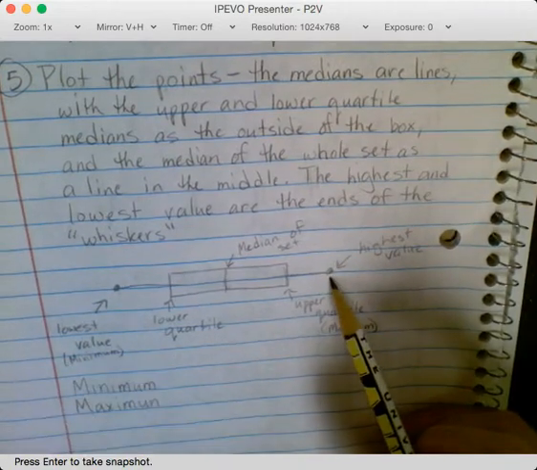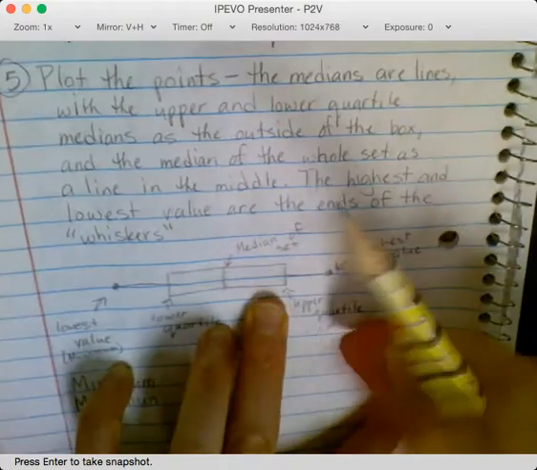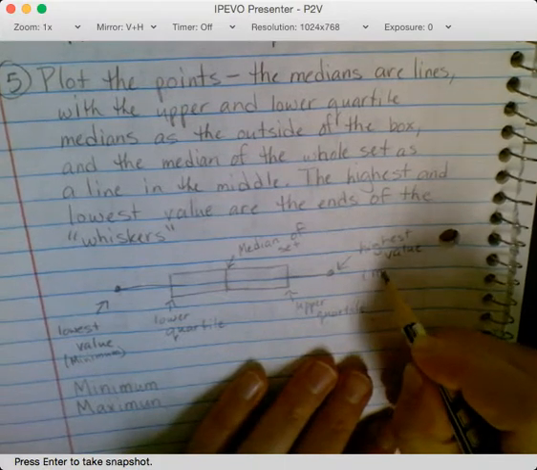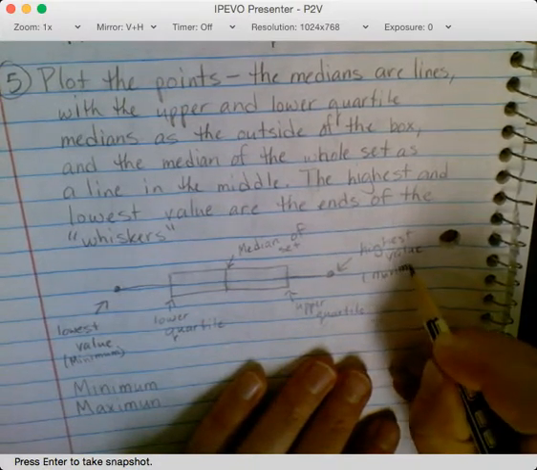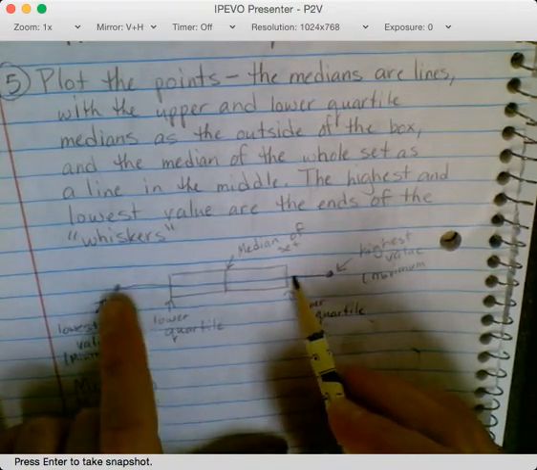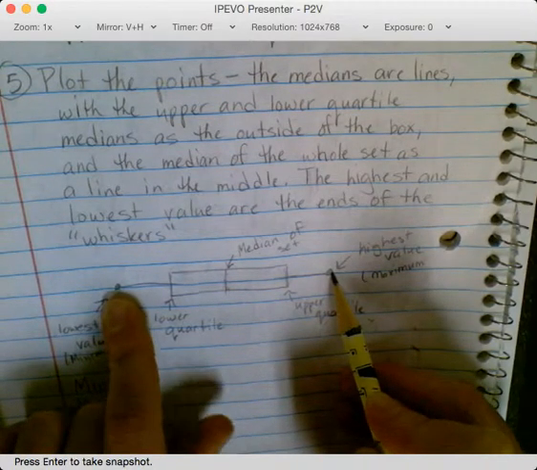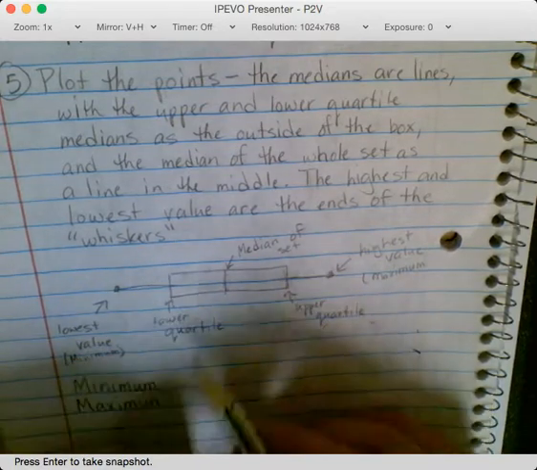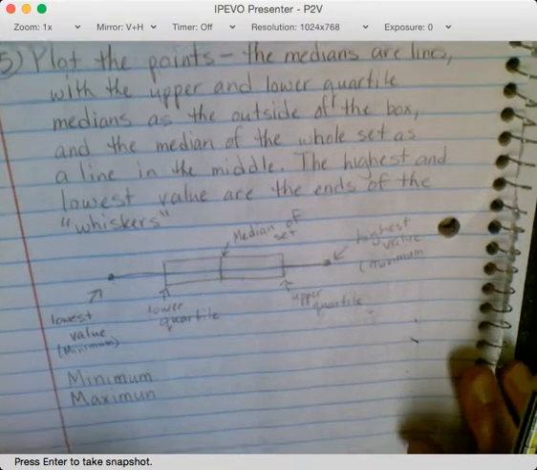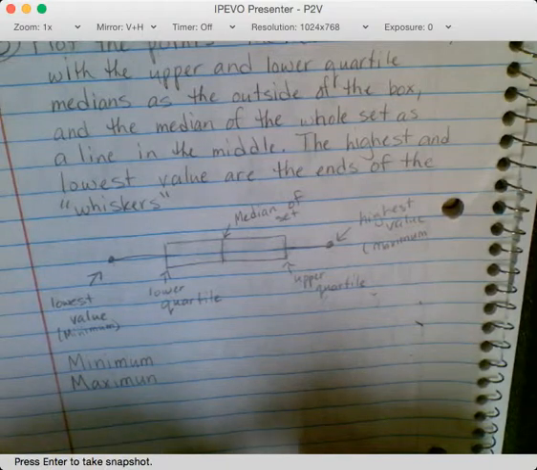The highest value or the maximum, I put that maximum in the wrong spot here. The maximum is just a point. So the medians are lines on your box, and your highest and lowest values are the ends of what you call the whiskers of the box and whiskers. So that would be what you do with those values once you find them, okay?